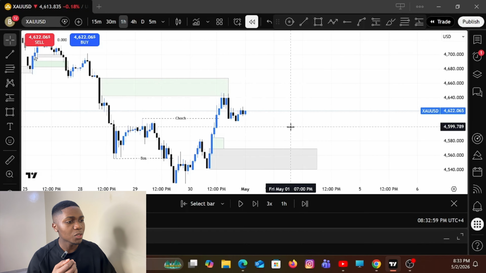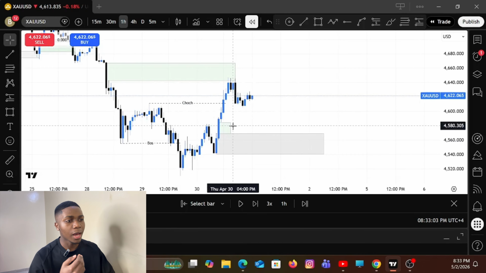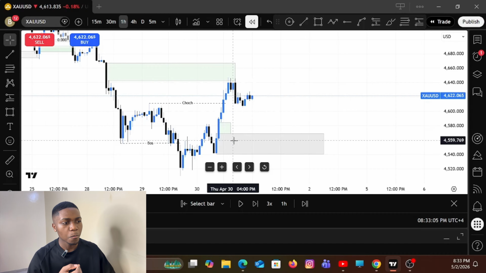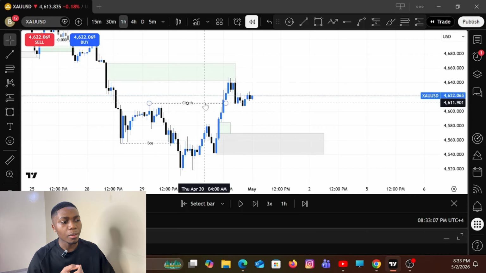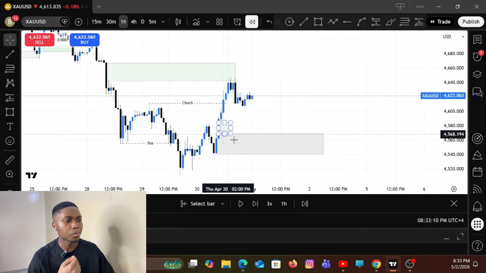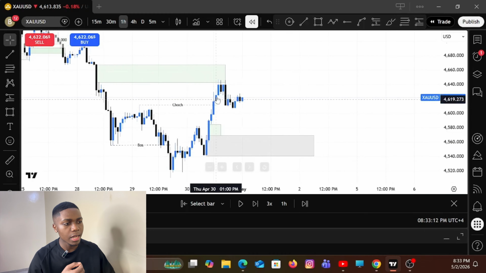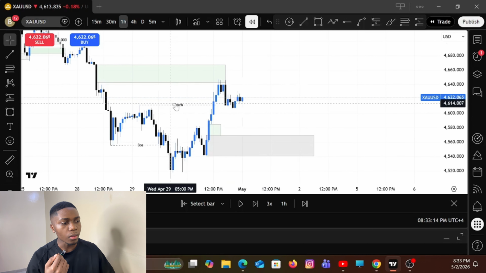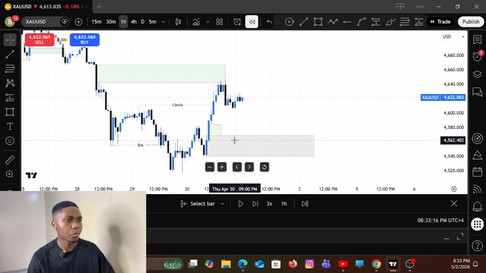But this one was clearly valid. Why? We had a change of character, then the market really pushing hard to the upside, giving us that order block and a fair value gap, right?